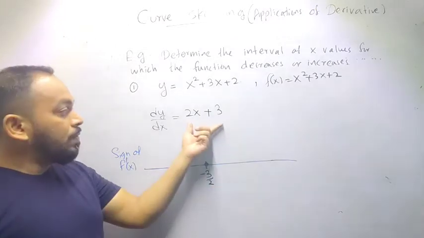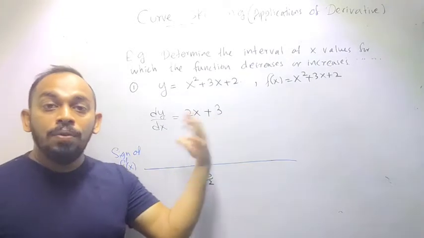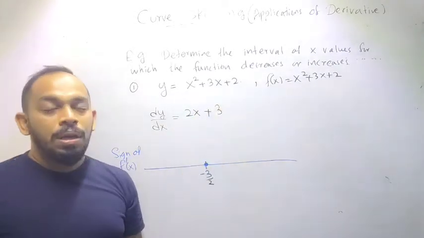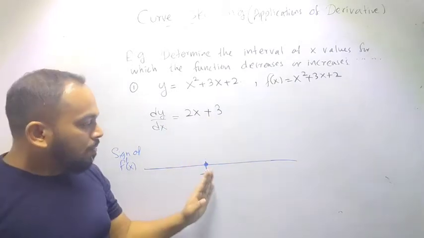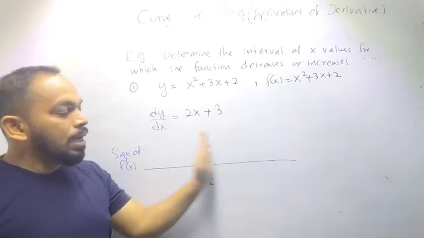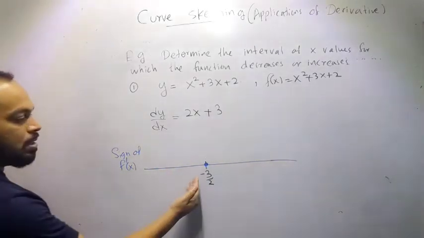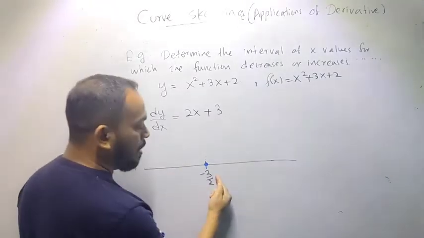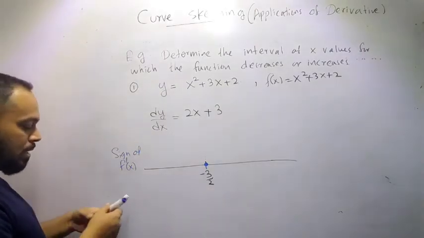If we have maybe 2 factors here, then you have to look for both x values for which dy by dx is 0. In this case we have a linear factor, so there's only one, which splits our x values into 2 different regions. The first region is when x is less than this value, the second region is when x is greater than this value. So what happens to the sign?